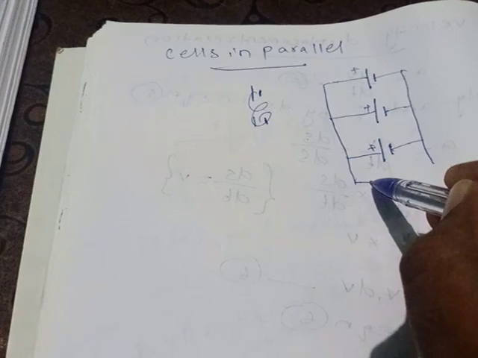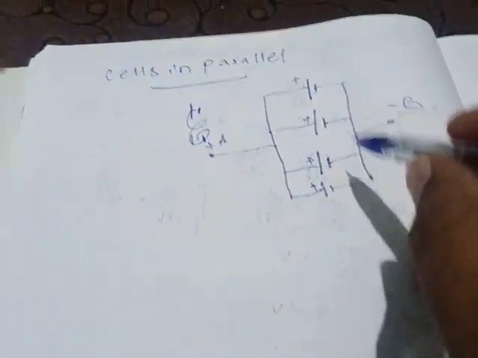Okay, now you see one more cell. One more you can connect, it is not a problem. Now all these are together connected at 2 points. Here positive, here negative, you can keep A, B as well.